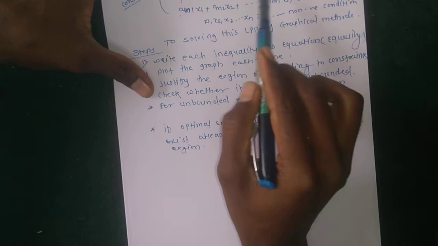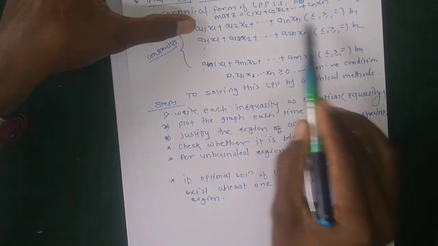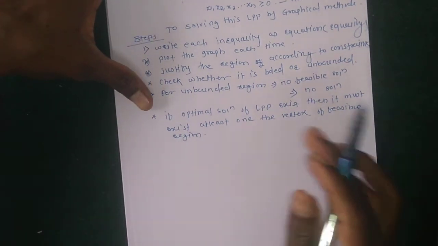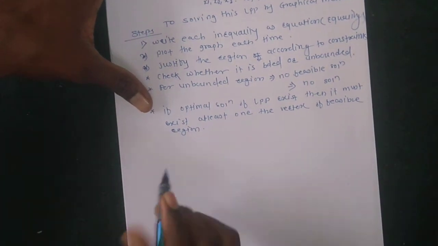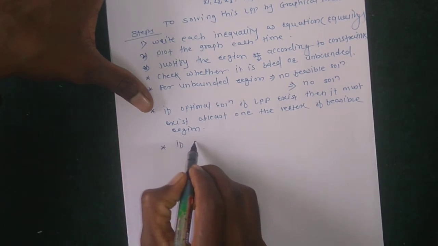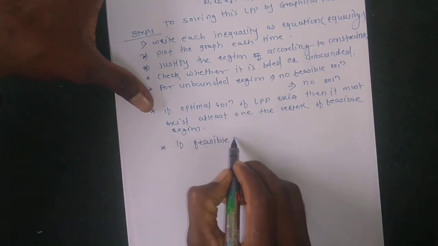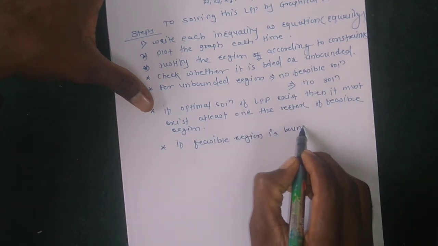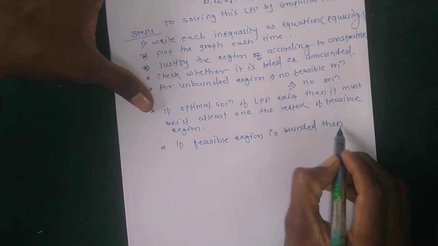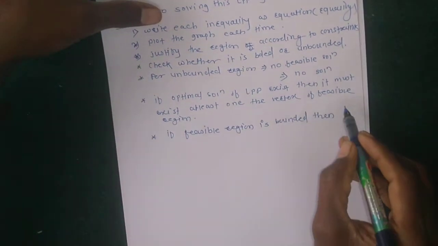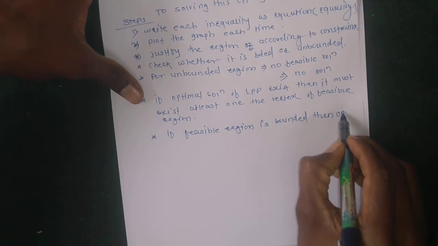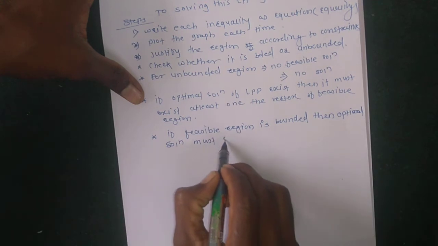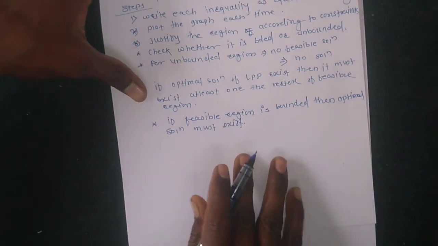That means we find the points of these constraints, and one of these points must be in the feasible region. If the feasible region is bounded, then an optimal solution must exist.